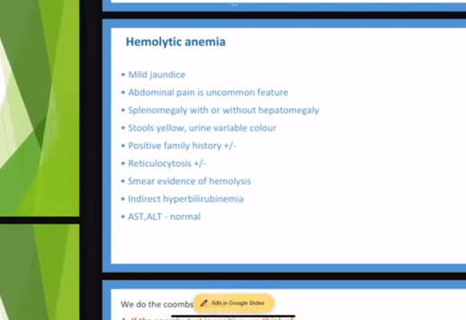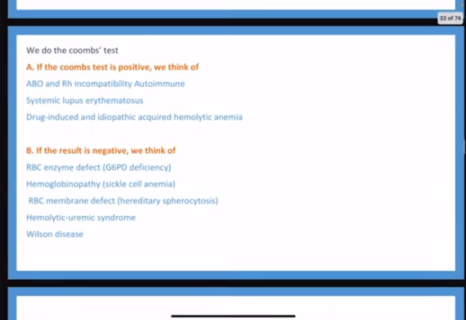Okay. Now, if there's hemolysis, what do I do? We do Coombs test. If Coombs test is positive, it means it's autoimmune, meaning there are antibodies. Our body is producing antibodies for whatever reason. These antibodies are attaching themselves to RBCs and facilitating their destruction, like what we see in autoimmune hemolytic anemia, in ABO and RH incompatibility.